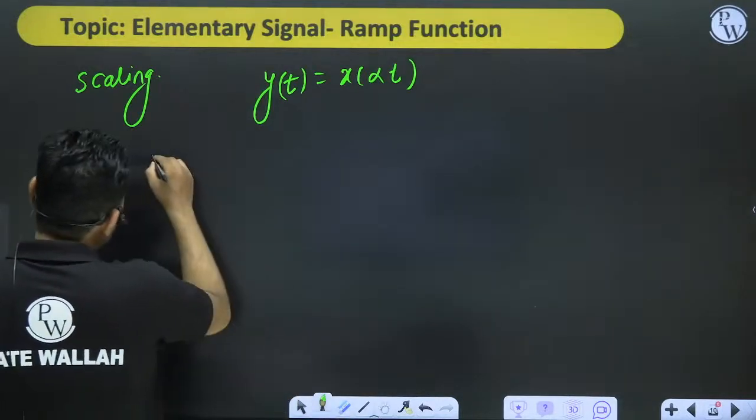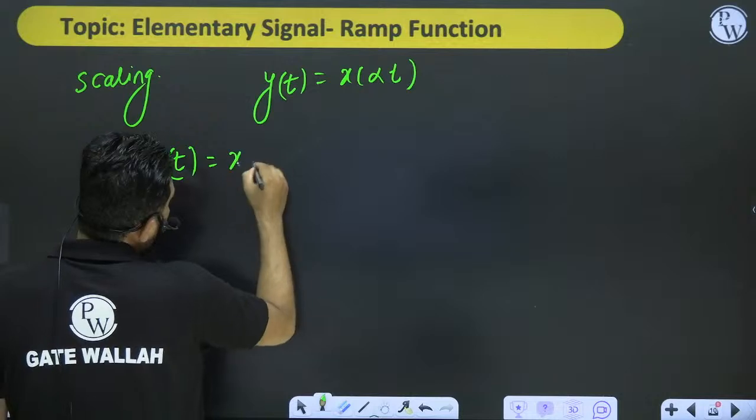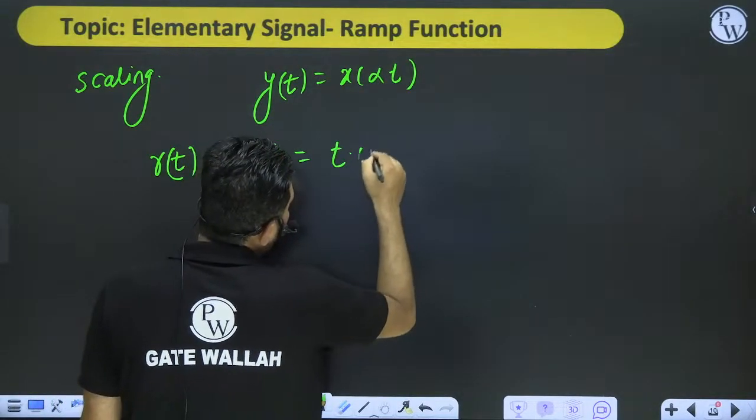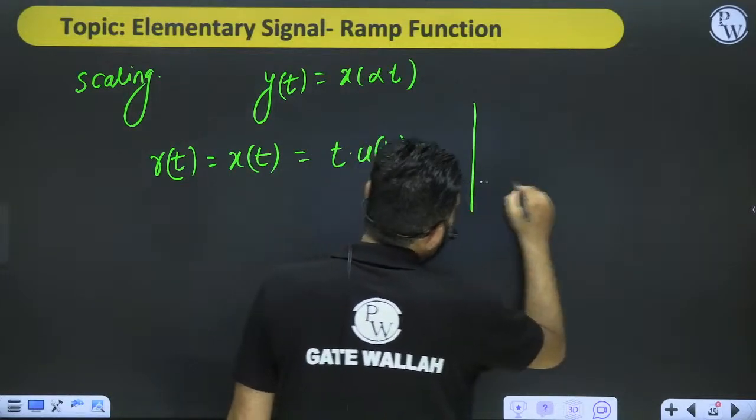But let us consider r(t) as x(t), and I know that r(t) is t times u(t), and this is the function.